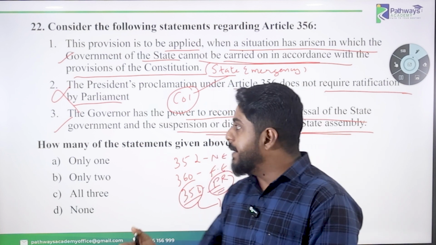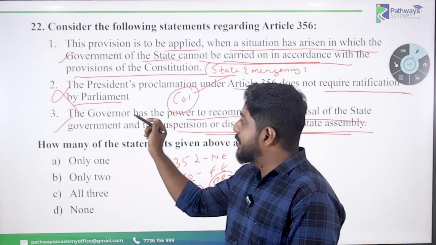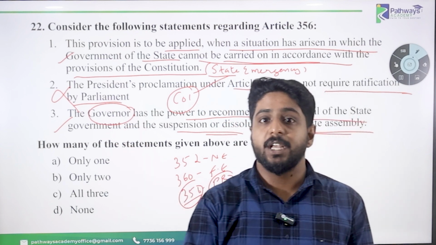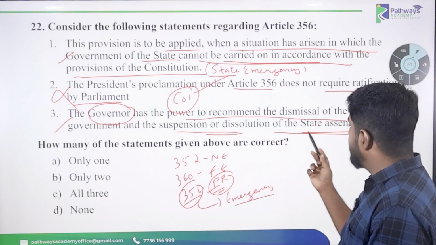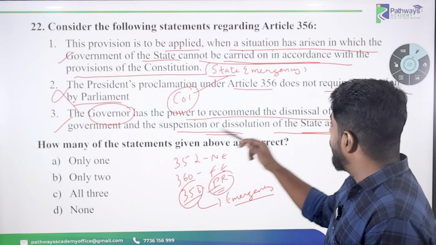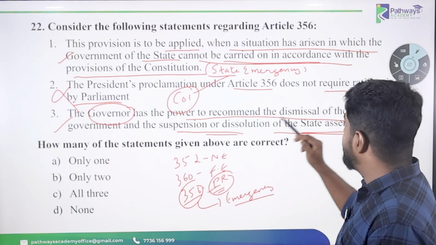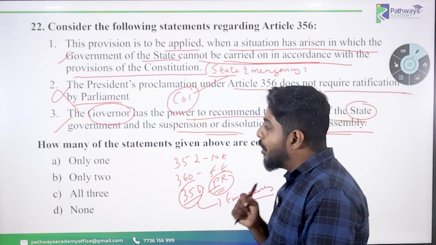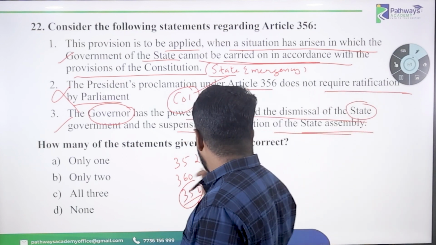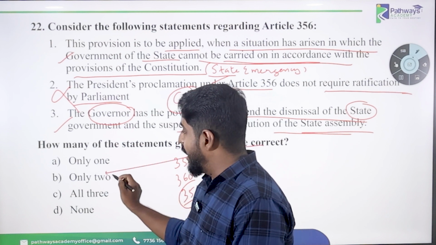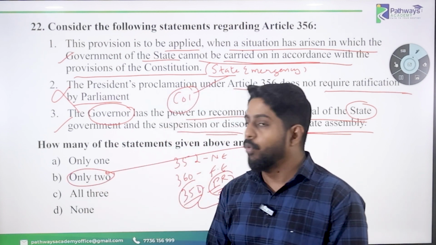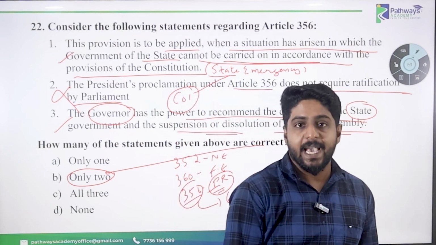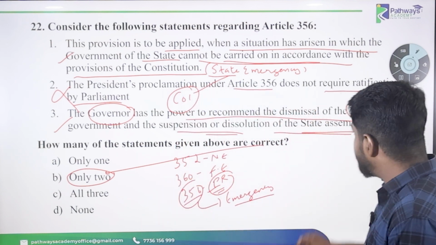So there can be usage of power by the governor for the suspension or the dissolution of the state legislative assembly, as well as for the dismissal of the state government. So two options are correct. Now the question here is, how many are correct? Only two options. 22 will have option B as the right answer.